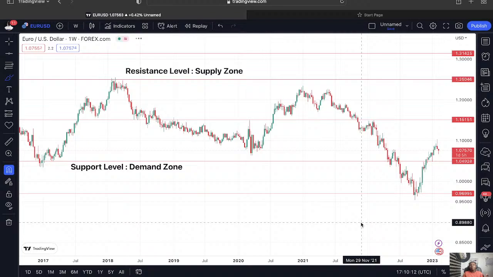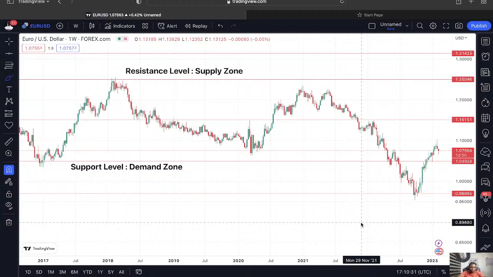good, because definitely the lower time frame gives us a clearer picture of what is currently ongoing within that time frame. The larger time frame gives us a broader scope, an overview of what is actually going on.